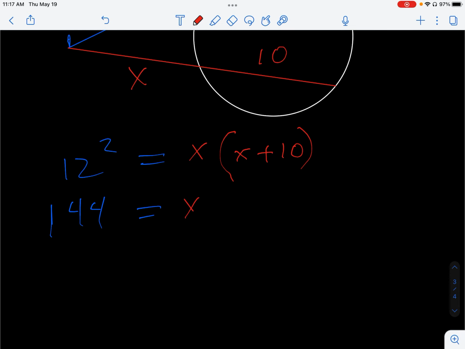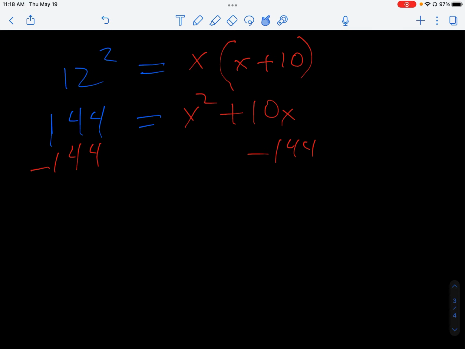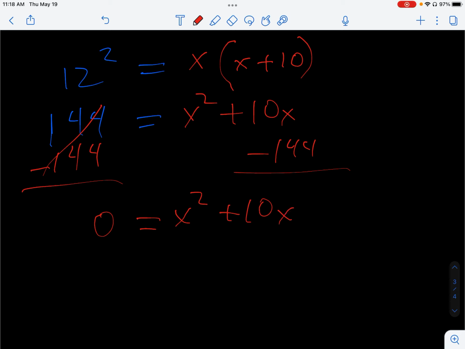And then over here we're going to have x times x is x squared, x times 10 is 10x. We subtract 144 from both sides, because when we factor quadratics, we want them equal to 0. That cancels, so we're going to have 0 equals x squared plus 10x minus 144.